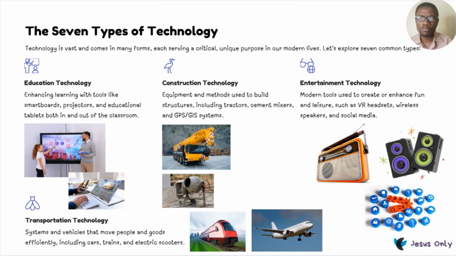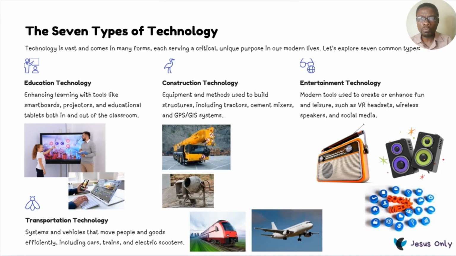And finally, I will speak about transportation technology. These are technology that makes movement faster, makes you move from one point to the other, and does that efficiently, like your trains, especially the electric trains, the aeroplanes and jets and helicopters, even our simple cars and motorcycles.